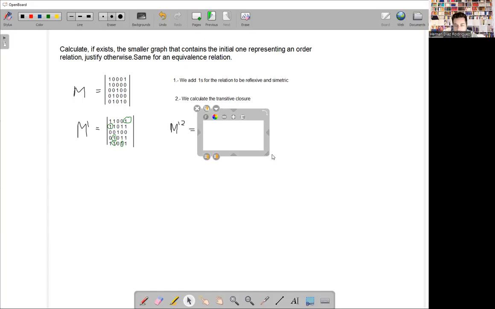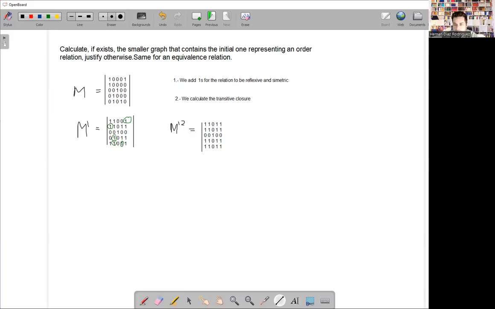You need to multiply this matrix by itself, right? And we get 1, 0, 1, 1, 1, 1, 0, 1, 1, 0, 0, 1, 0, 0, 1, 1, 0, 1, 1, and 1, 1, 0, 1, 1.